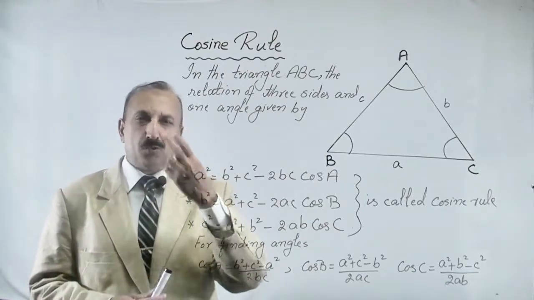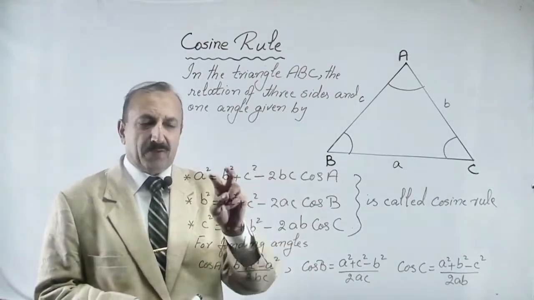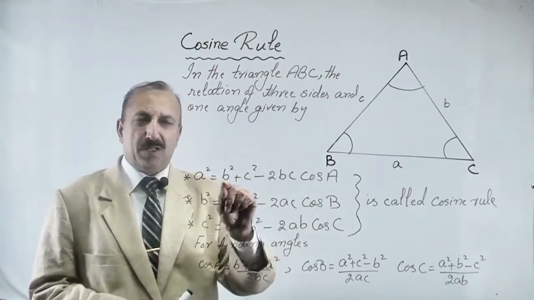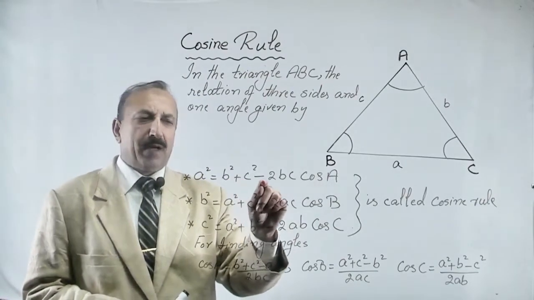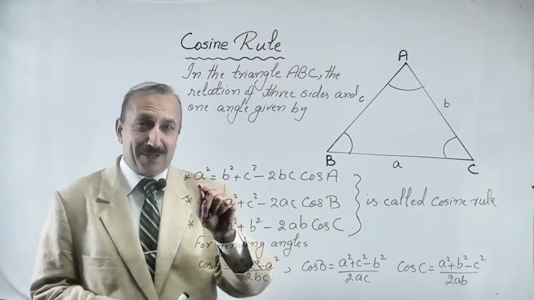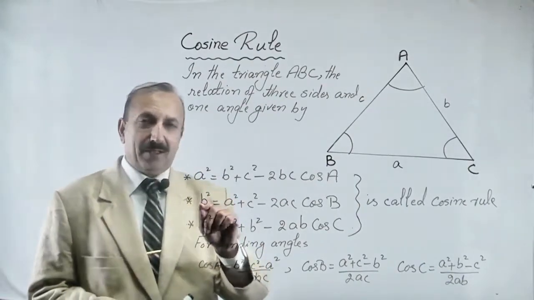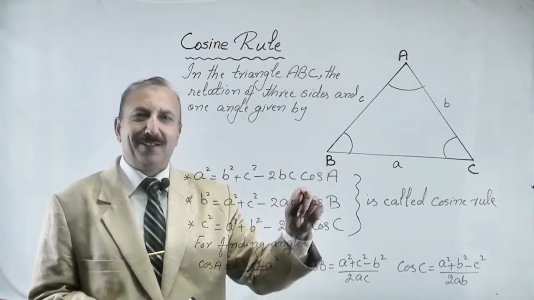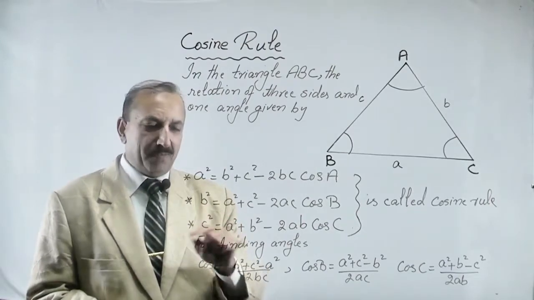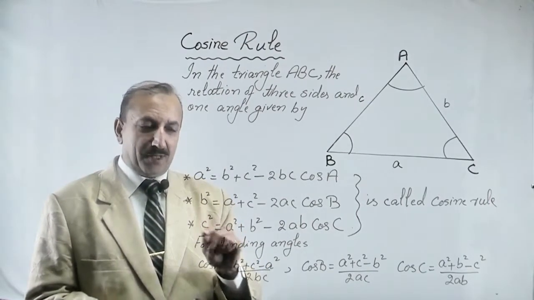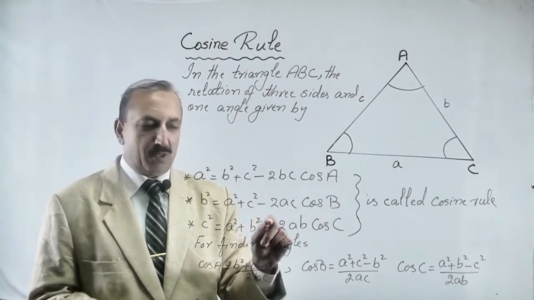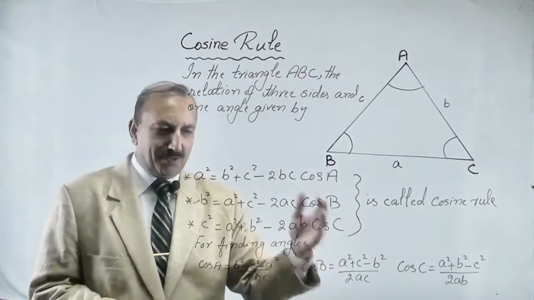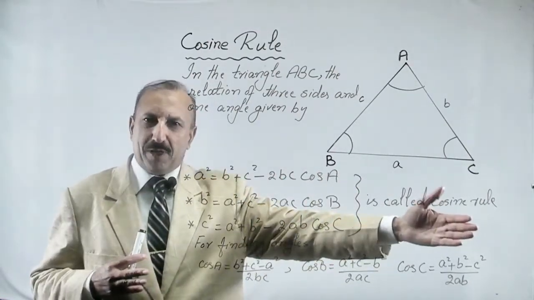In the sine rule, two sides and two angles are related, but here in one formula we have a relation of three sides and one angle: a square equals b square plus c square minus 2bc into cosine of the respective angle capital A, and b square equals a square plus c square minus 2ac into cosine of the respective angle B, and then the third one, c square equals a square plus b square minus 2ab into cosine of the respective angle capital C. Now this is called the cosine rule, my dear student.